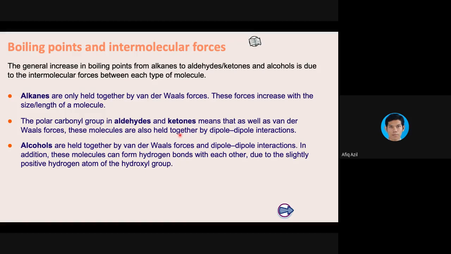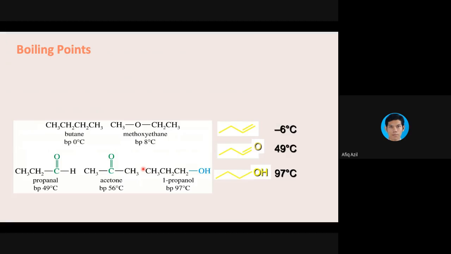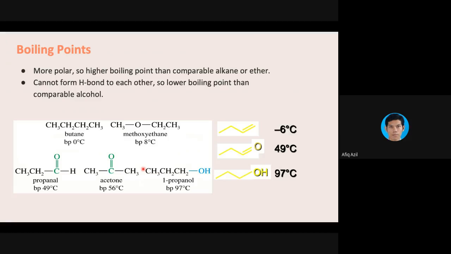They can only form hydrogen bonds with, let's say, water if you add it. So they are more polar, with a higher boiling point than a comparable alkane or ether. They cannot form hydrogen bonds with each other, but can with water or ethanol if you add it, so they have a lower boiling point than a comparable alcohol.